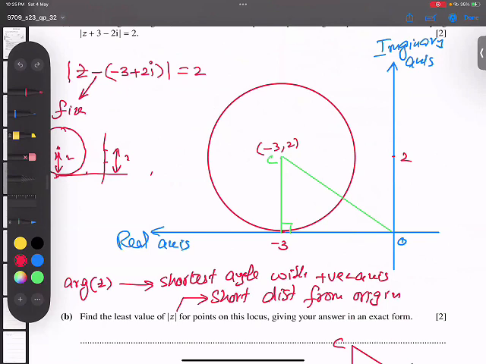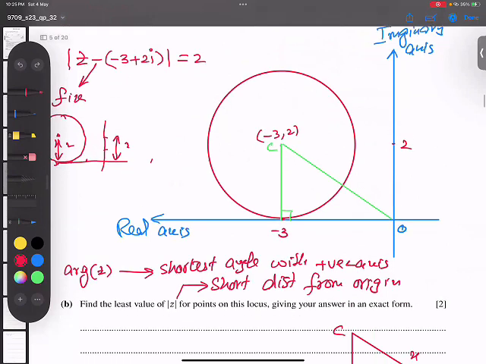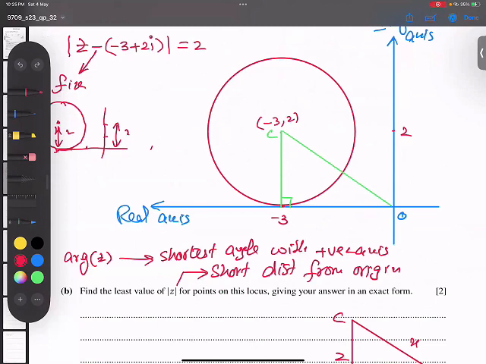Okay, this is clear. But what is our target? Let's try to give an idea. When you say modulus of z, the modulus definition is the shortest distance from the origin. Is this point the shortest from the origin? Not at all. Is this? Not at all. And this point is the farthest.